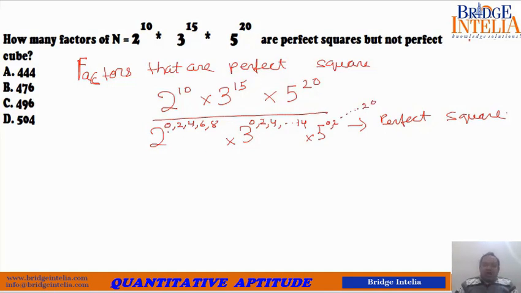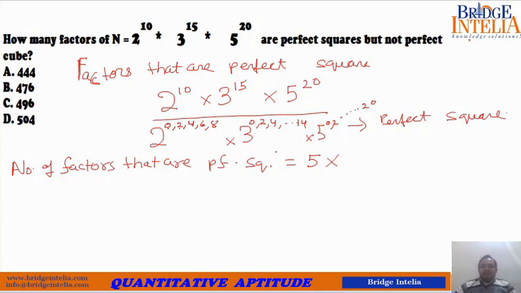So how many factors are perfect squares? Let's count. Here 0 to 14 means 0th multiple to 7th multiple of 2, because 14 is the 7th multiple. So 8 numbers are there.